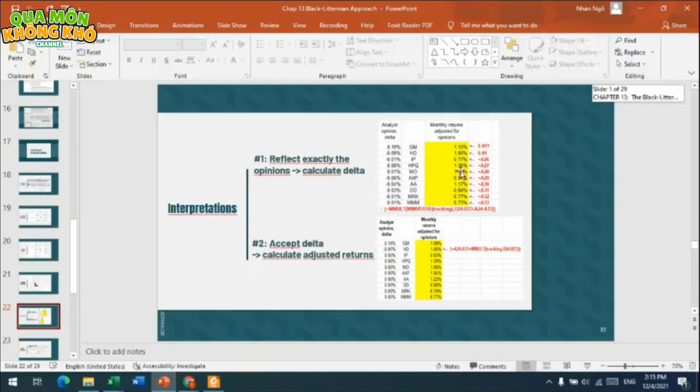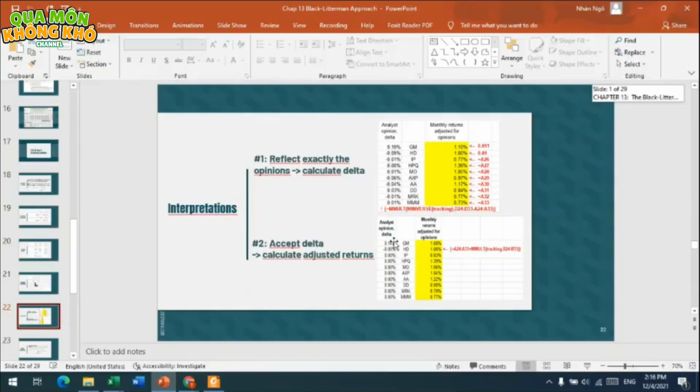So we will use the formula to calculate the delta of each asset. And the second interpretation is that you will accept the delta. The delta here is basically the difference between the return with and without opinions.